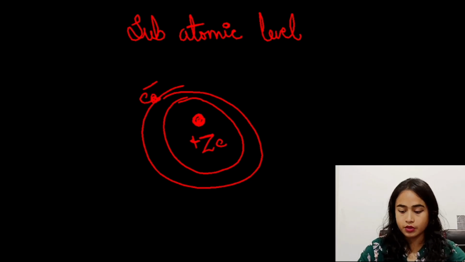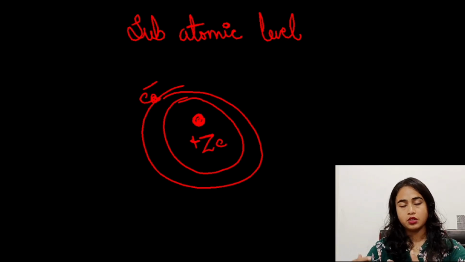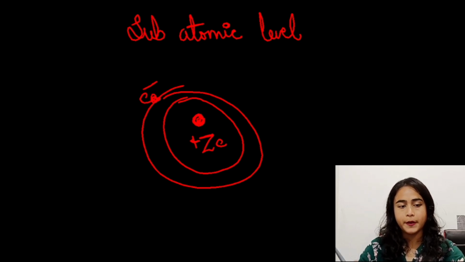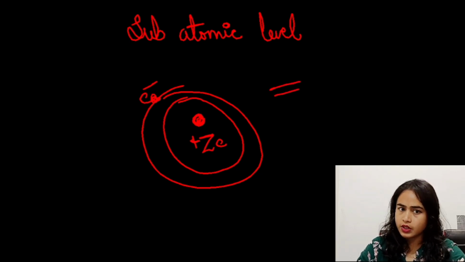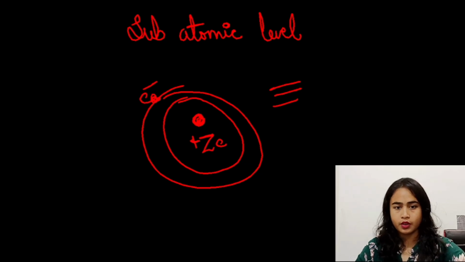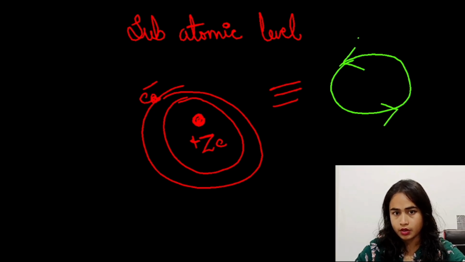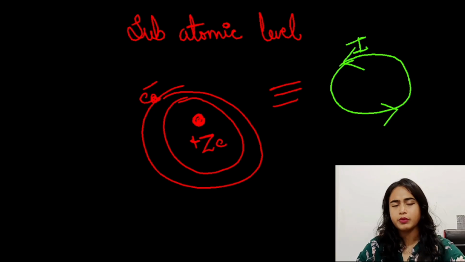Now, the concept about magnetism is that a moving charge produces current, which in return produces magnetic field lines around it. This electron charge, moving in a circular orbit, looks equivalent to a current carrying circular loop.